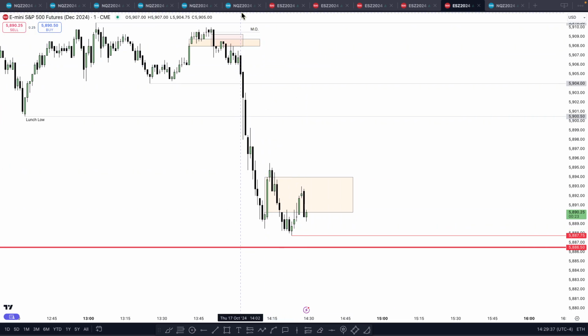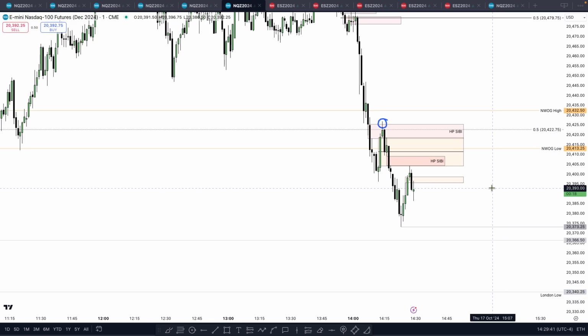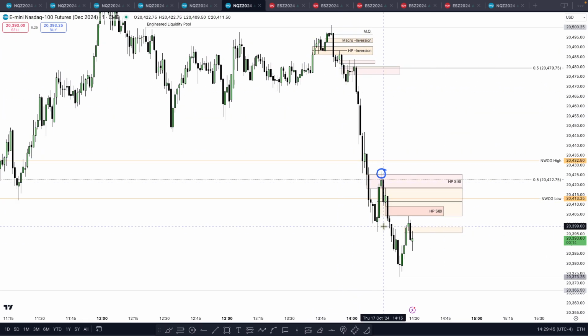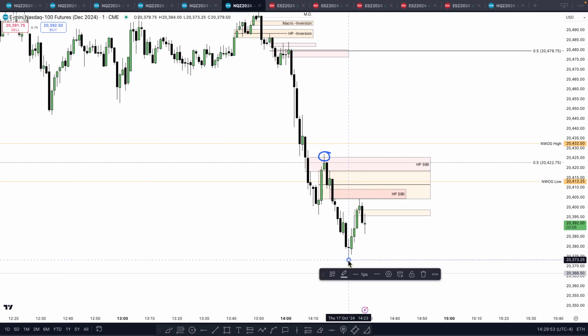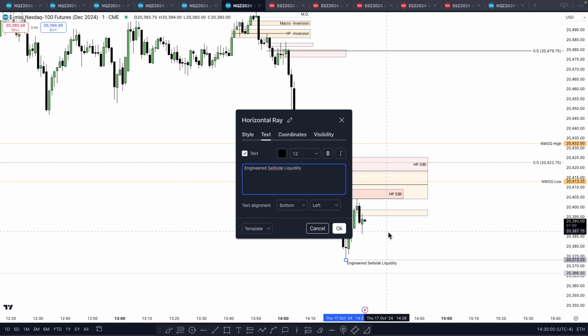So whenever you always want to be objective, but especially after you see a clean move, winning trade, or you're feeling FOMO from this move, and you identify a clear sell side liquidity pool, right? These lows from earlier in the day were enough, but now you can see even more engineered sell side liquidity.